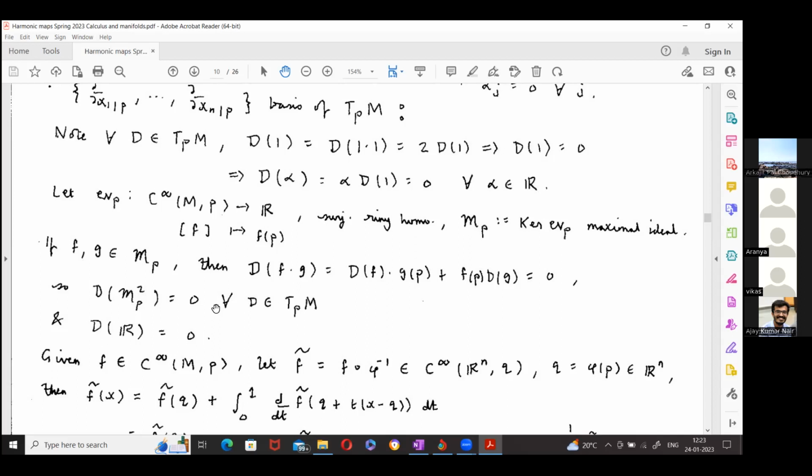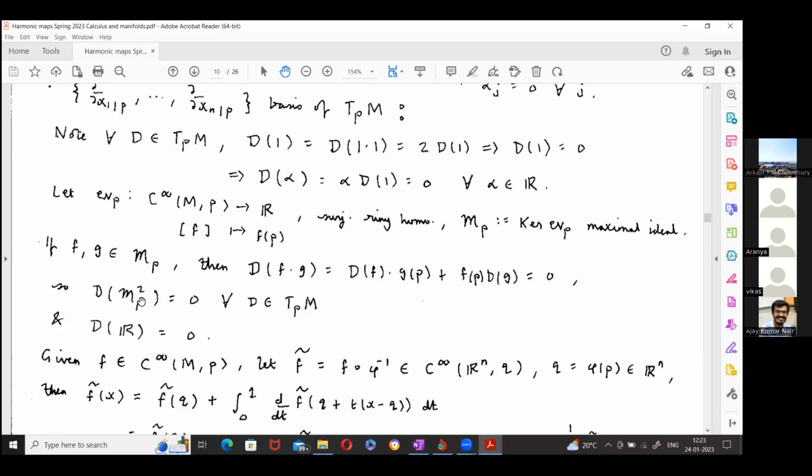And d vanishes on the constants. Now, d vanishing on the square of the maximal ideal should be intuitively clear, because things in the square of the maximal ideal are products of functions which vanish at P. If you vanish at P and you're a smooth function, then you should be of first order near P. If you take a product of two functions which are of first order near P, then the product will be of second order.